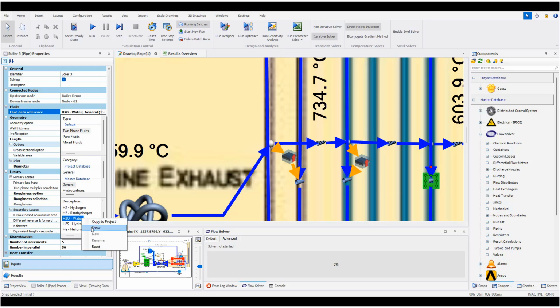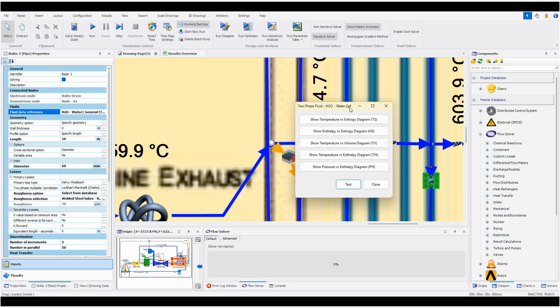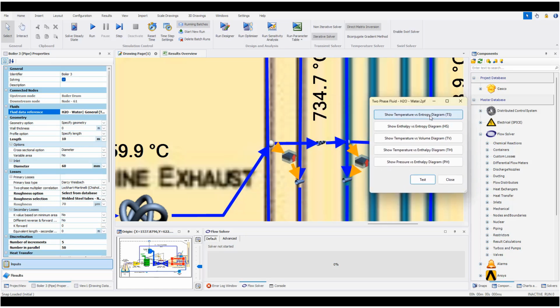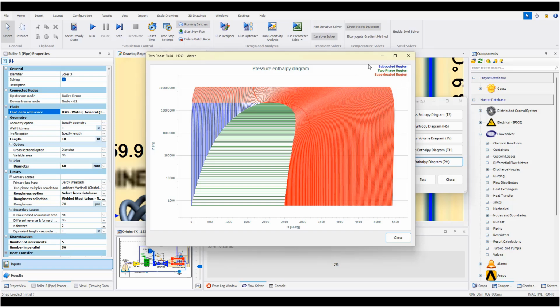And if I want to see what that is, for two-phase flow we can have the diagram for entropy in terms of the pressure, temperature, and other things like enthalpy. For example, if we go for pressure versus enthalpy, you can see that we have the different regimes for the two-phase flow, where we have subcooled regime and where we have the superheat region, and here we have the two-phase flow.